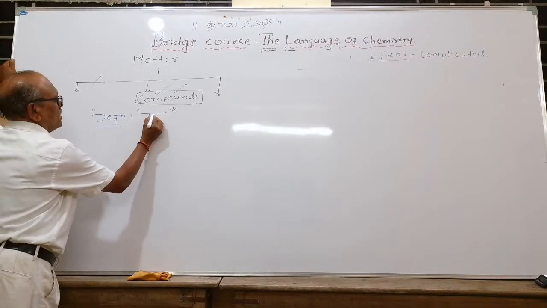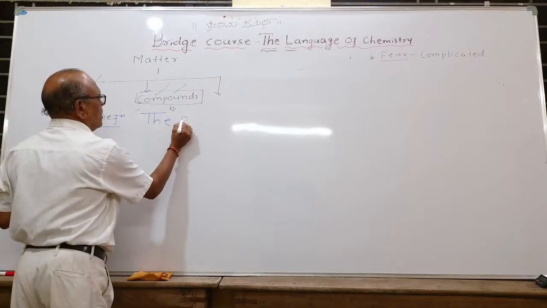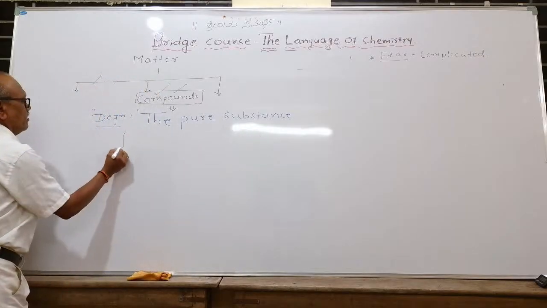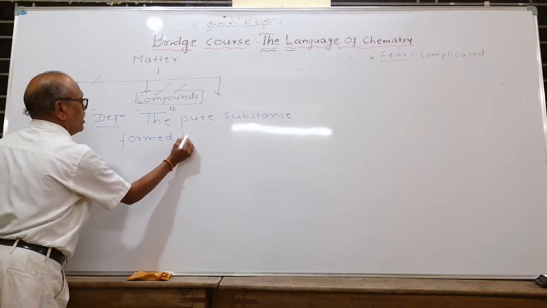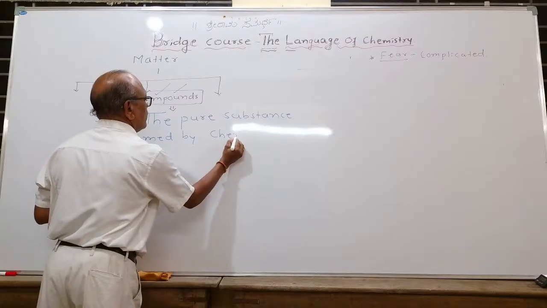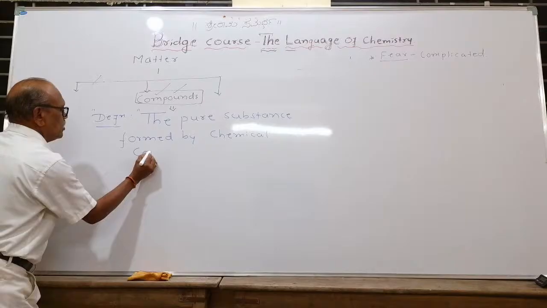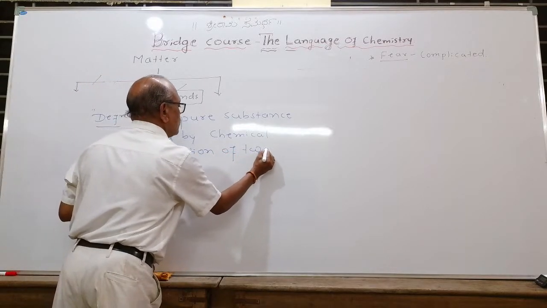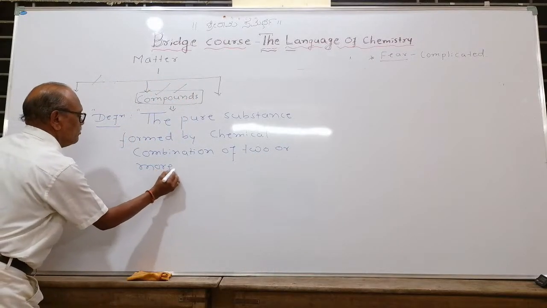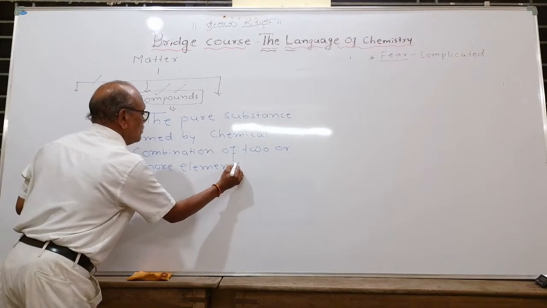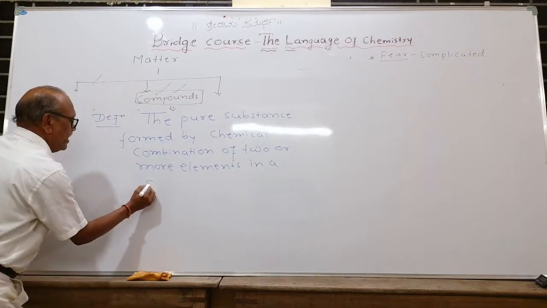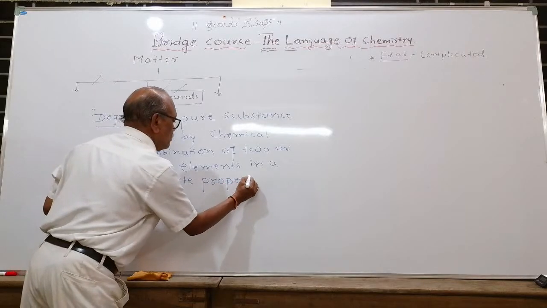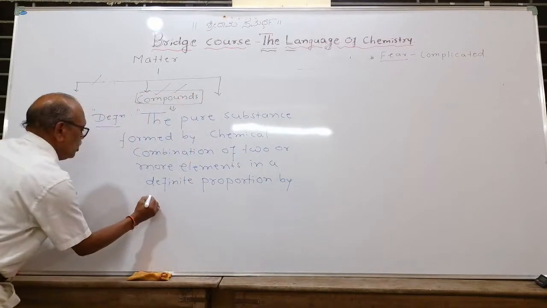You can define it as the pure substance formed by chemical combination of two or more elements in a definite proportion by mass.